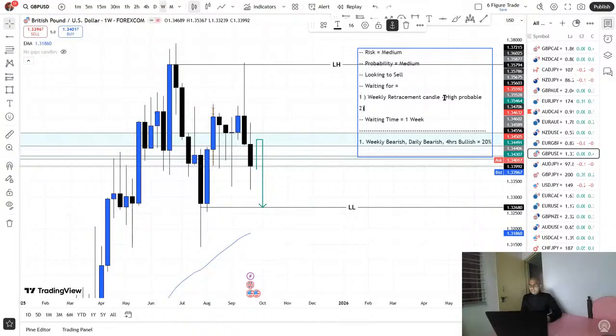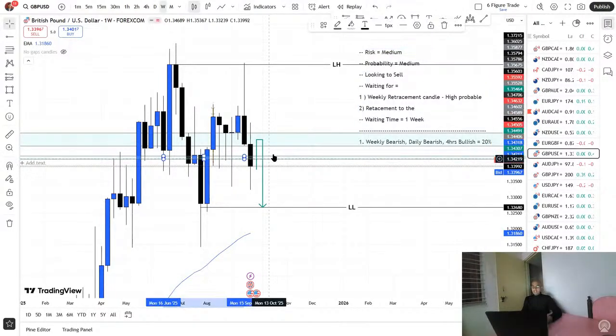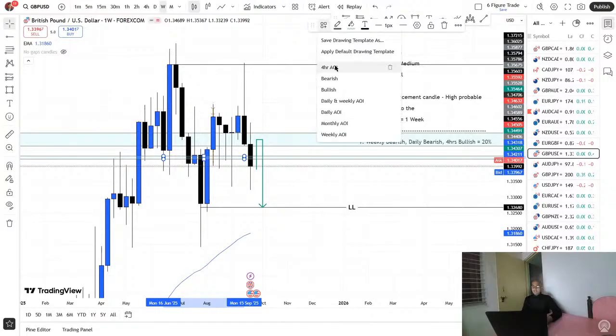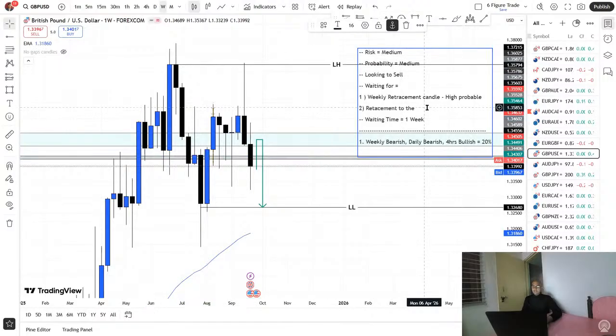And the second thing I'm waiting for here, the low probable thing that is going to happen, is a retracement to the daily. This is the daily area of interest. This is not the weekly. To the daily.